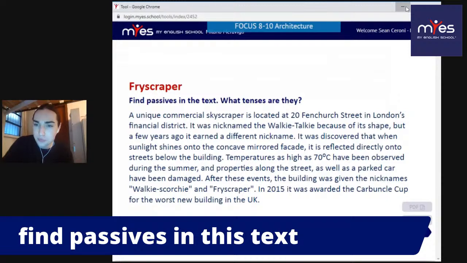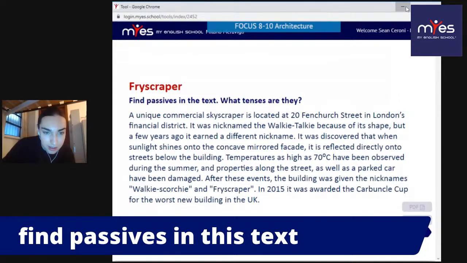On the cutting edge, to push the envelope, push the boundaries, super modern. Yeah, I mean, it's a very dynamic city. Things like the Shard are really extraordinary modern buildings, but this one has had some issues. Yeah, I think with contemporary architecture, sometimes they try to be interesting and different without really being very practical. I mean, it's very impractical if it's causing this kind of damage.